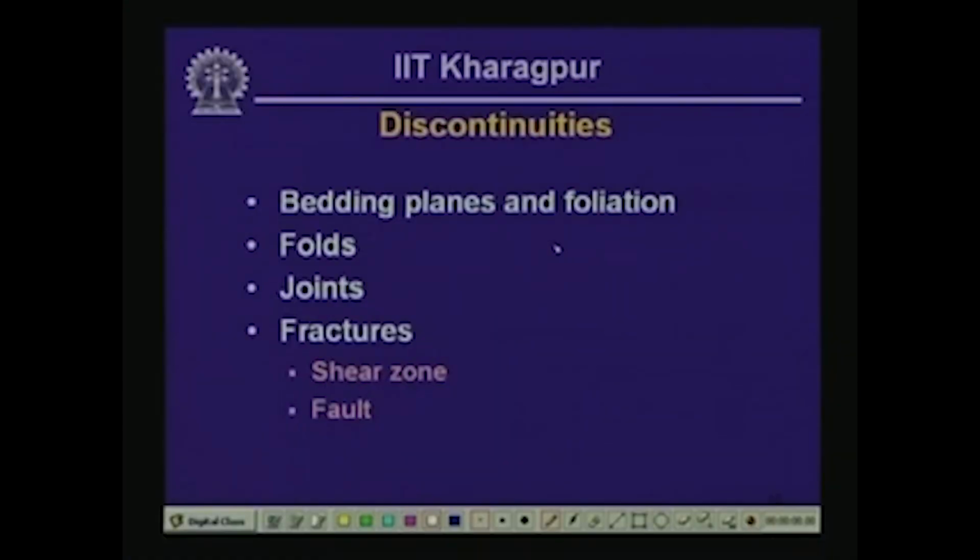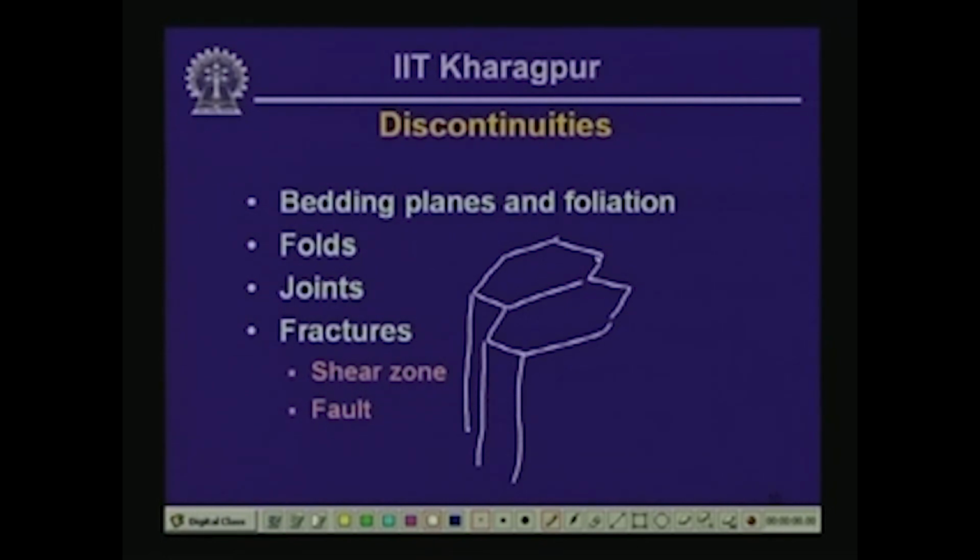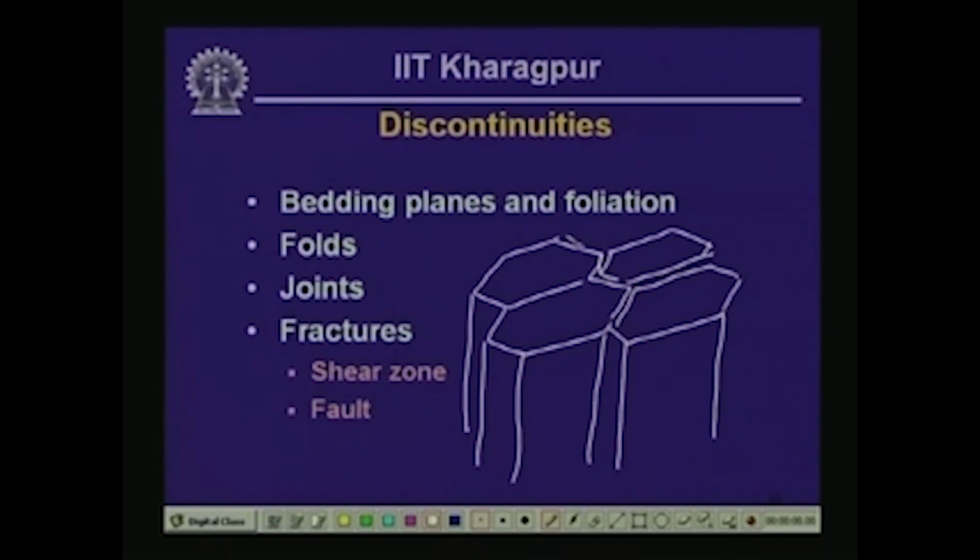So we talked about different joint sets because in our earlier lessons we talked about columnar basalts and pillow basalts. So you could have basalt columns developing in this manner, because of differential cooling within different portions of the magma.